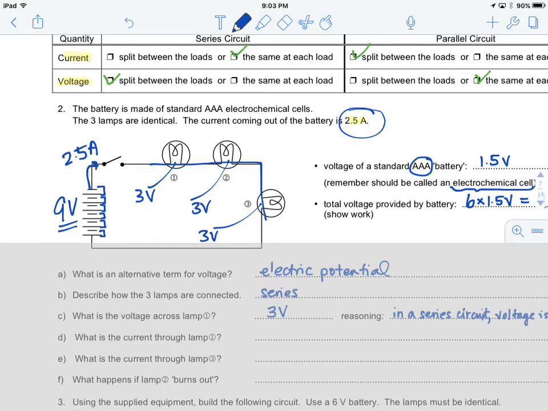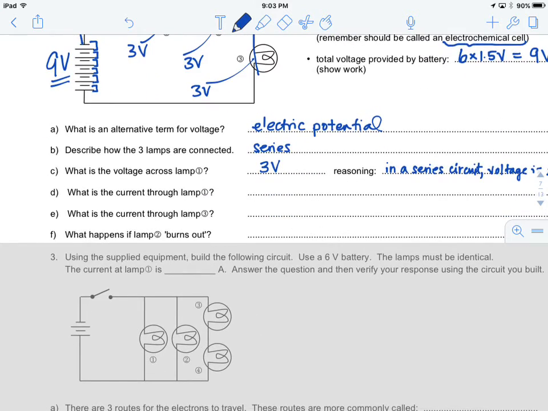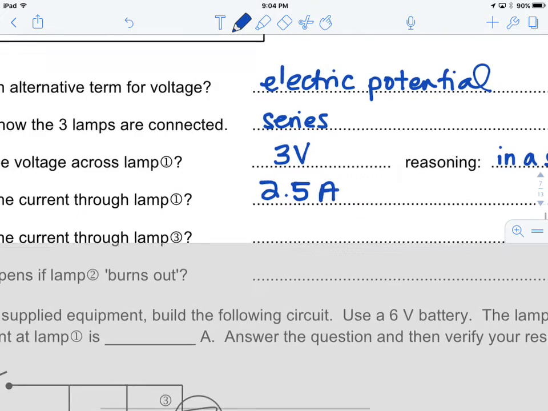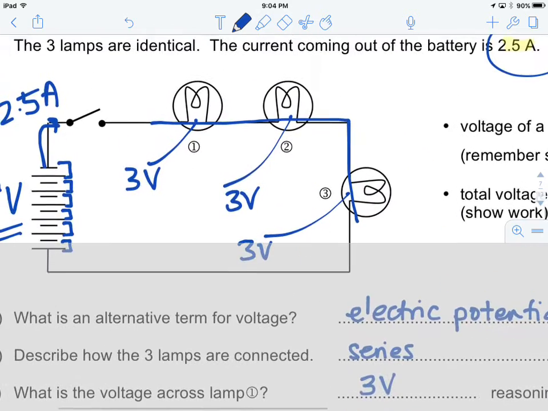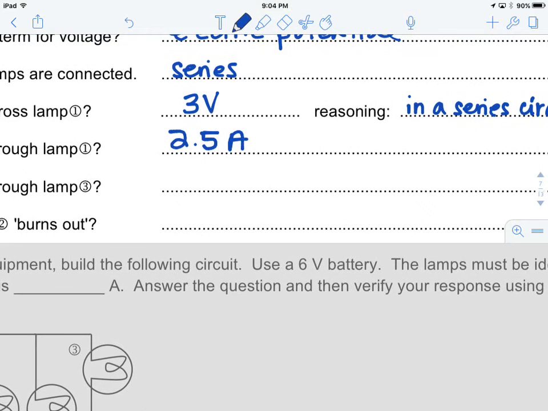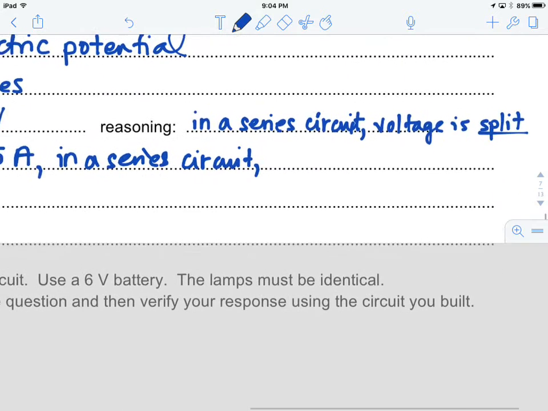Is there anywhere for these electrons to go other than the path that's provided? No, there's nowhere else for them to go. It's a series circuit, so the current, not just through lamp 1 but through every single point in this circuit, no matter where we measure, is the same 2.5 amps. In a series circuit, current is the same everywhere.